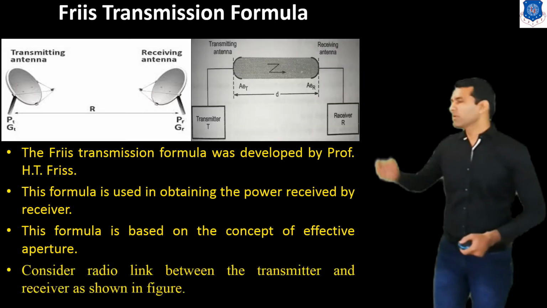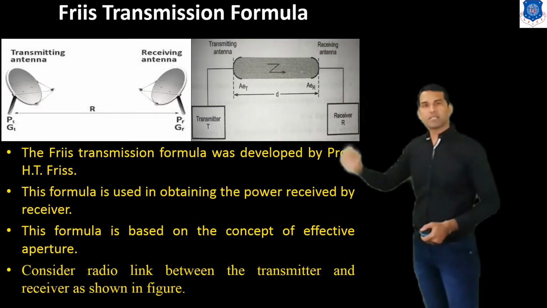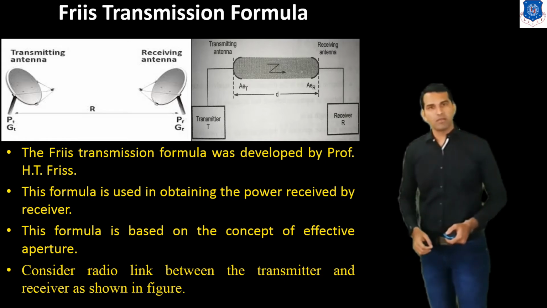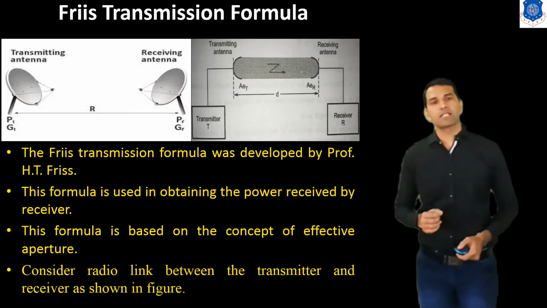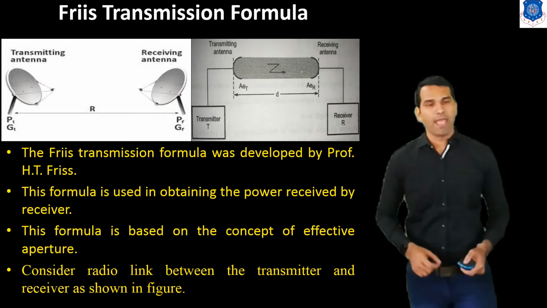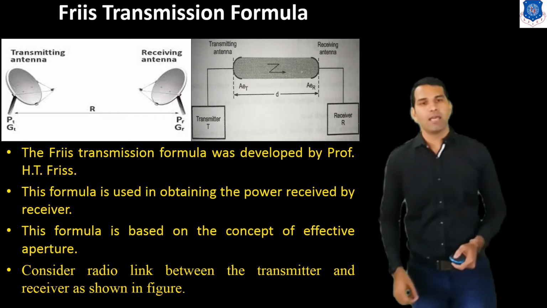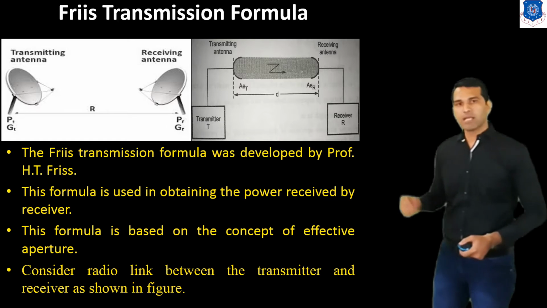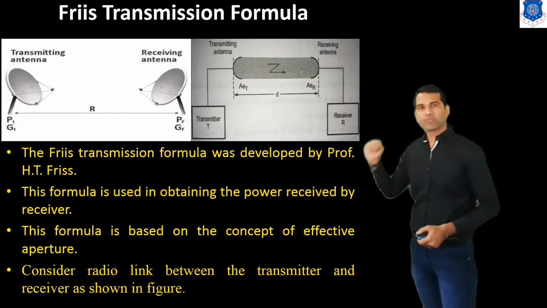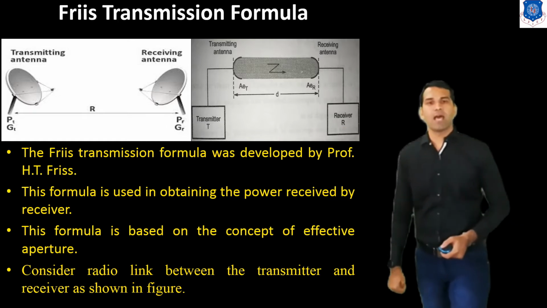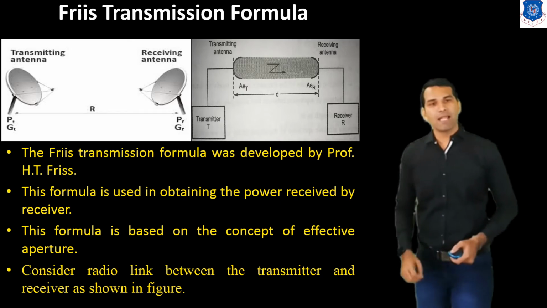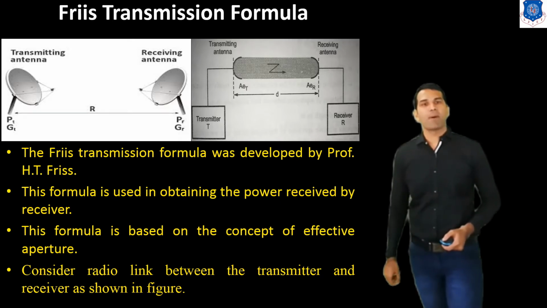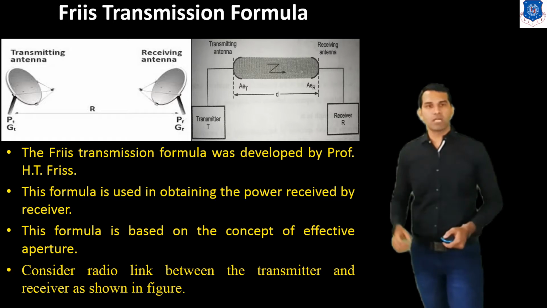Here in this figure we can see there is one transmitter connected with the transmitting antenna, and AET indicates the effective aperture of the transmitting antenna. Similarly, R indicates the receiver connected with the receiving antenna, and AER indicates the effective aperture of the receiving antenna. So this is the communication link.